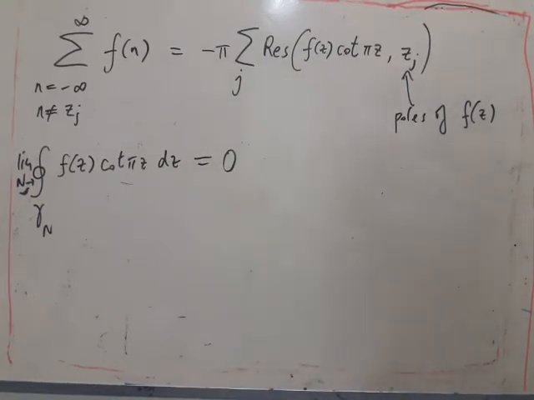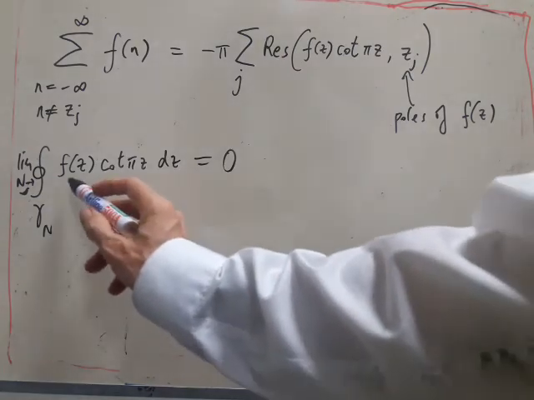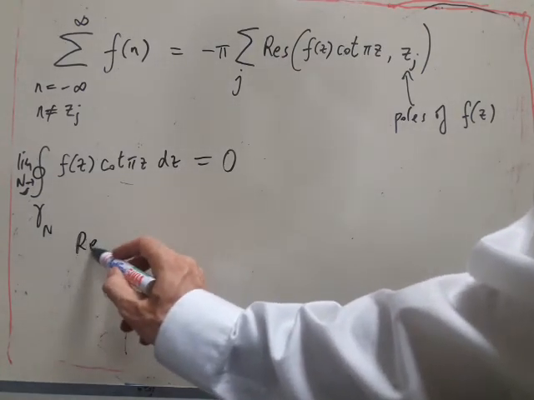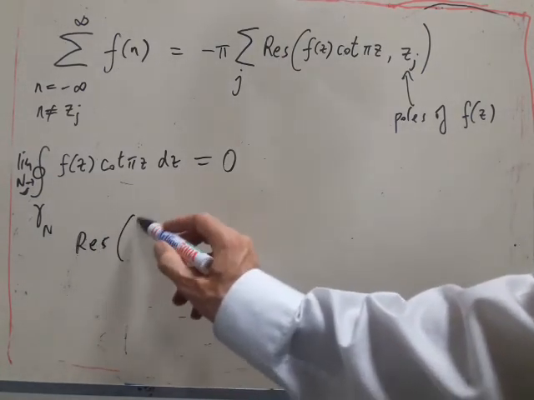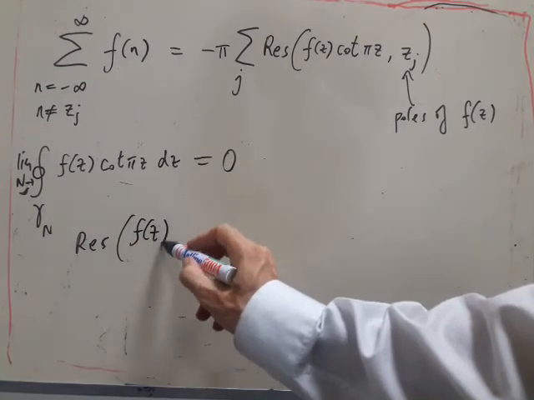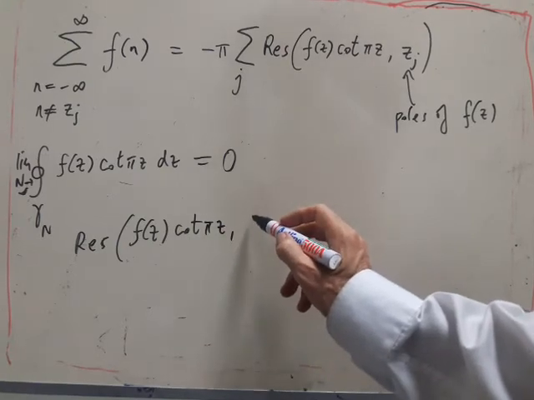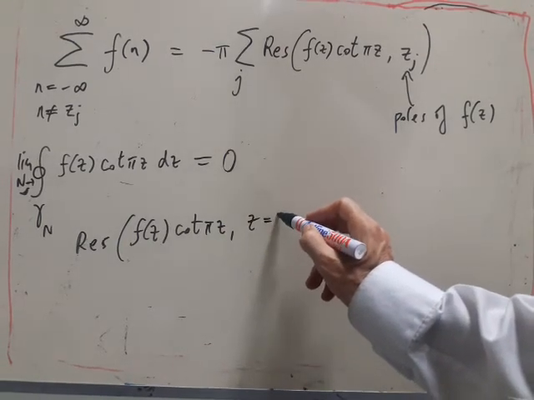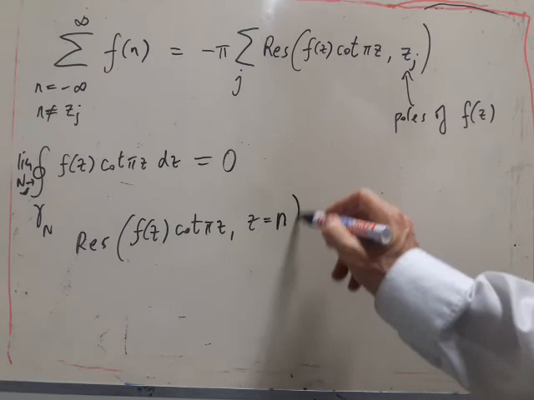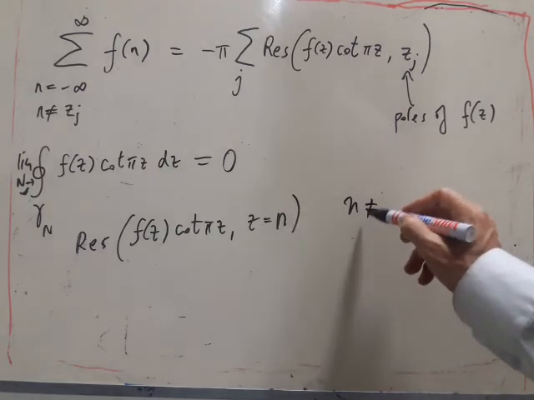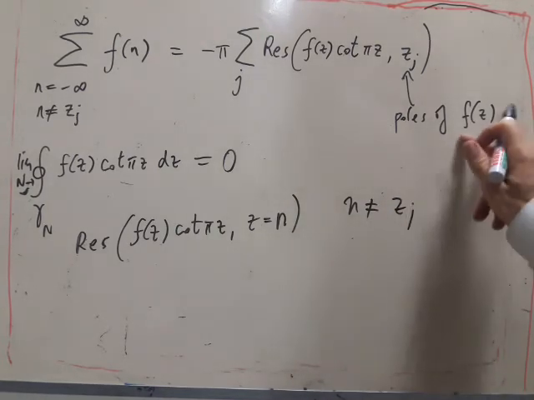So first we work out what the residue of this is at z equals n, where n is not equal to any of the poles of f of z.